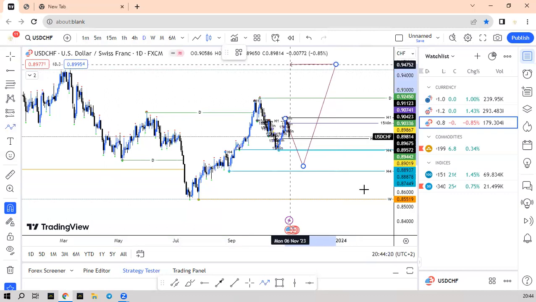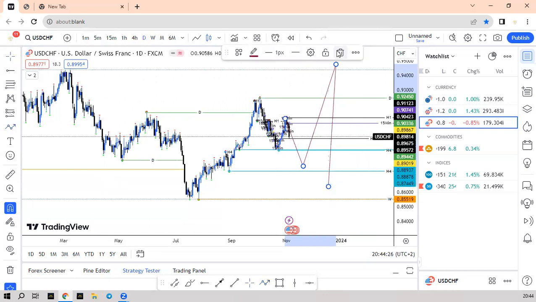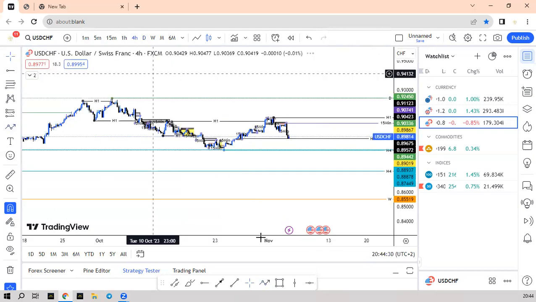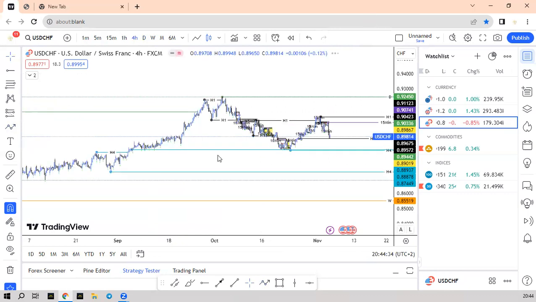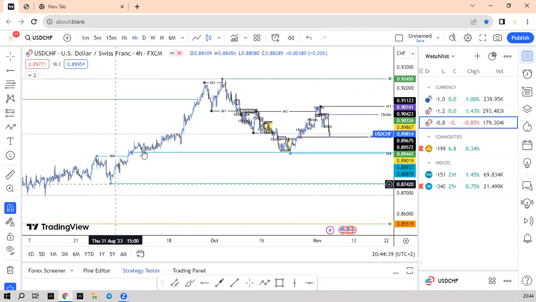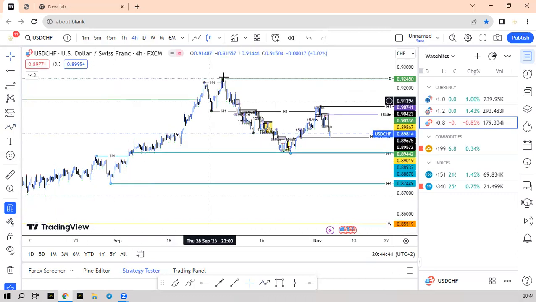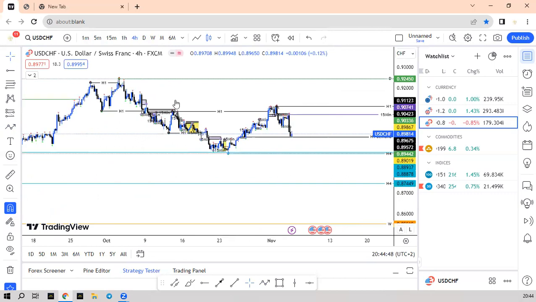Then look for a sell based on the weekly time frame. So daily is still bullish. H4 is bullish. Let me show you what happened here. We had a low here. Price went up and started dropping.